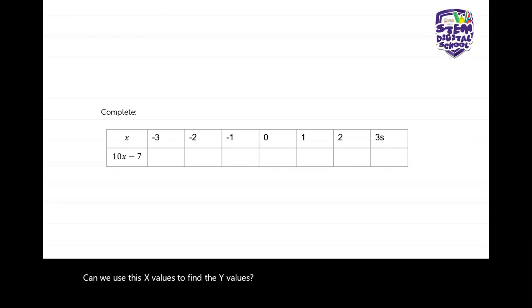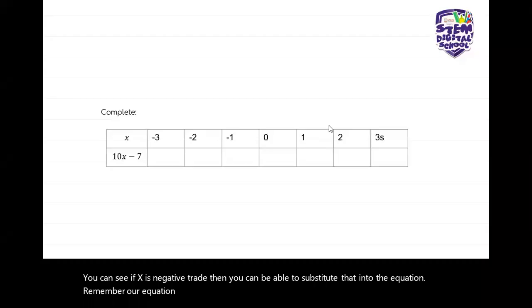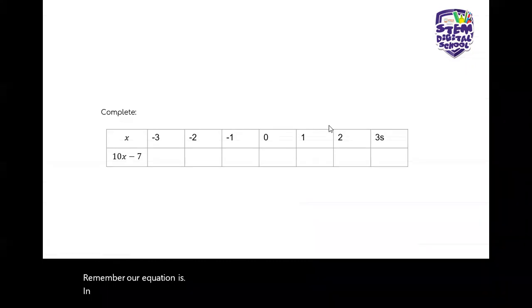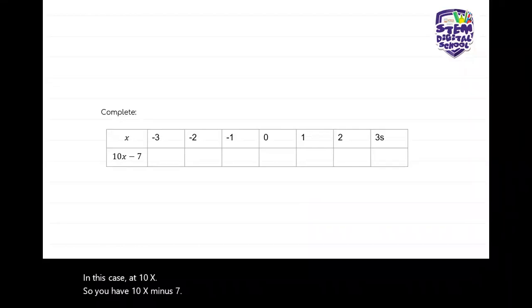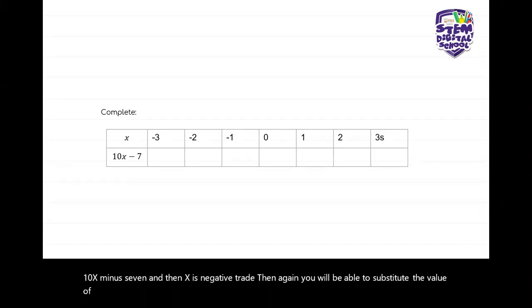Right. You can see if x is -3, then you can substitute that into the equation. Remember, our equation is, in this case, 10x minus 7. That is the expression that you have. 10x minus 7, and then if x is -3, then again you will substitute the value of -3 into the equation.